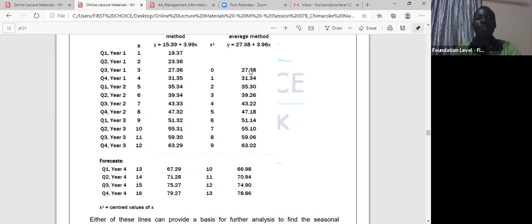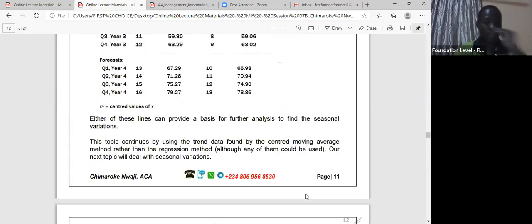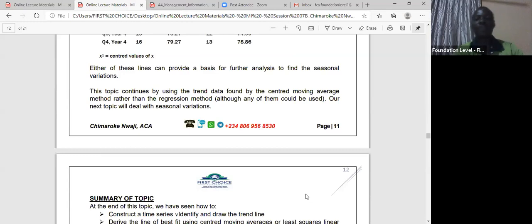And where this started is 0. It means that here is 0. All this 1, 2, 3, 4, 5 up to 13 here means there are 13 quarters between quarter 4 year 4 and quarter 3 year 1. That is what it means. There are 13 quarters. But here, you don't need how many quarters are in between. So you just take what's x and you multiply straight. So these are the two things that you can see as differences.